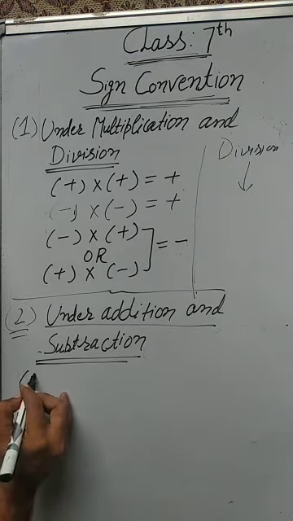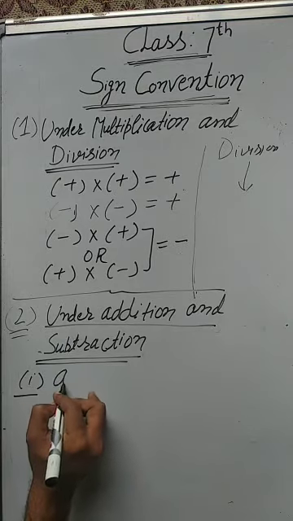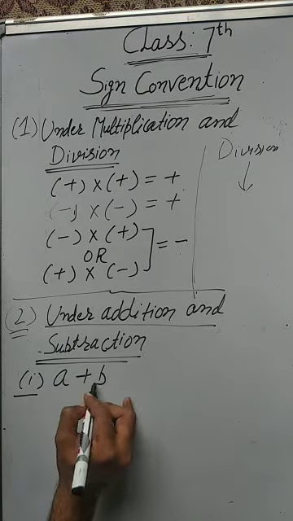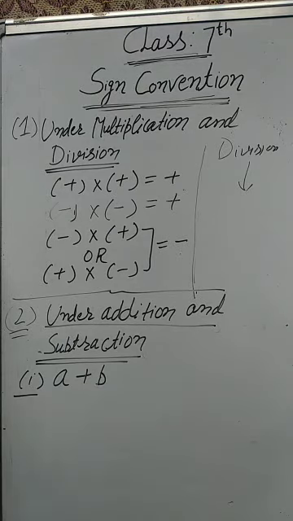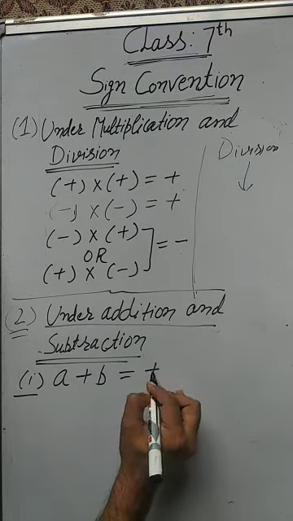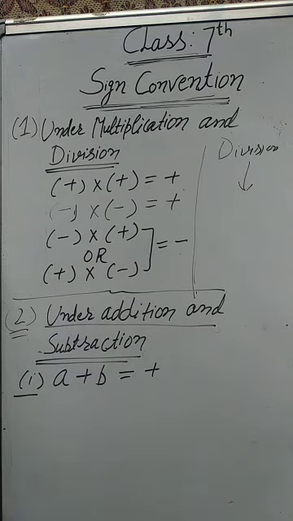First sign convention, if you add two numbers, both numbers are positive, like A is any number and B is any number, then your final answer will be a positive number, no doubt about that.